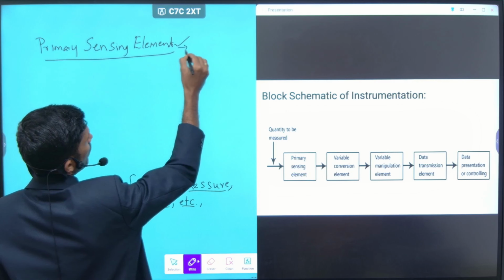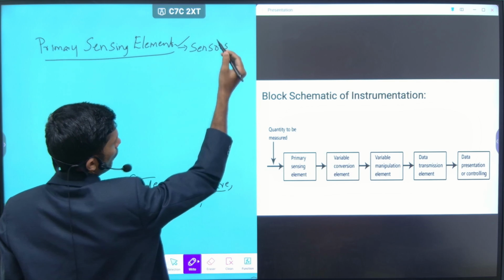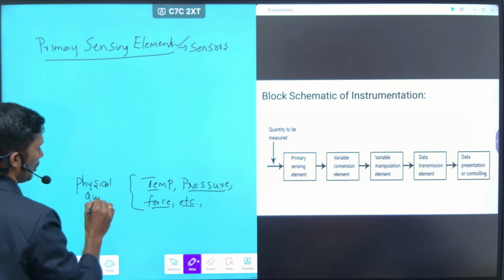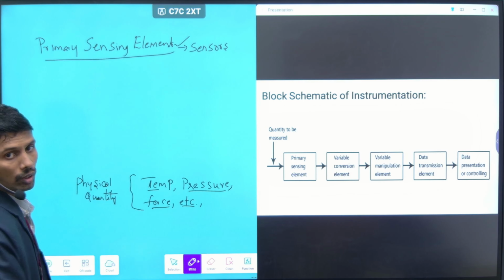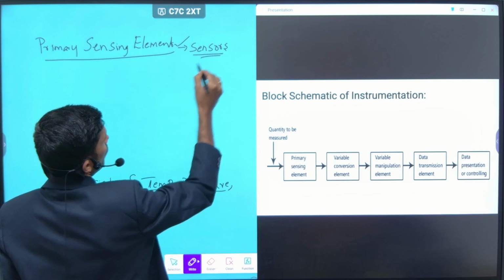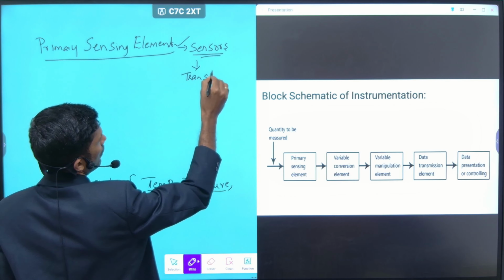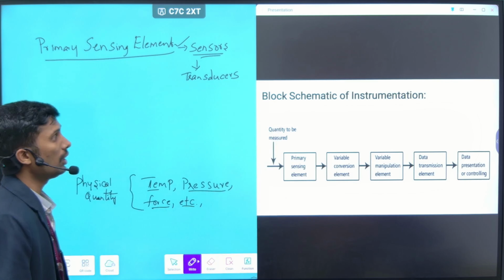In this primary sensing element we use sensors for sensing any type of physical quantity. These sensors you can call transducers, or we can call it a transducer.